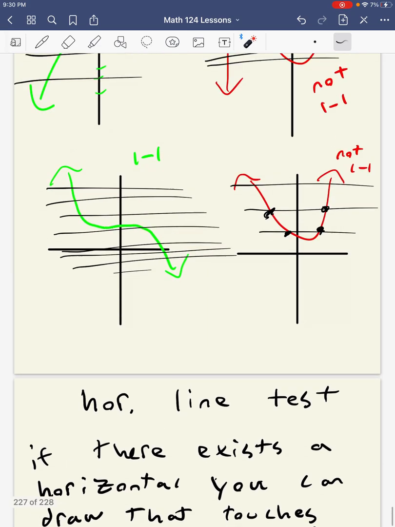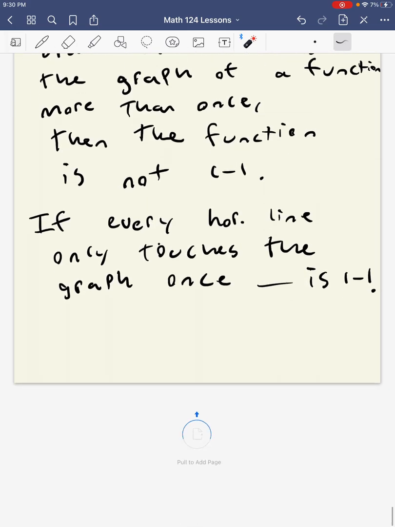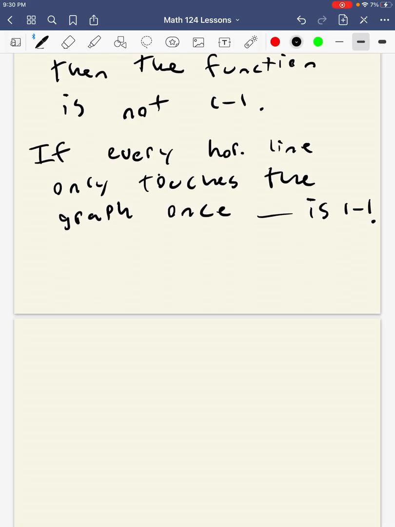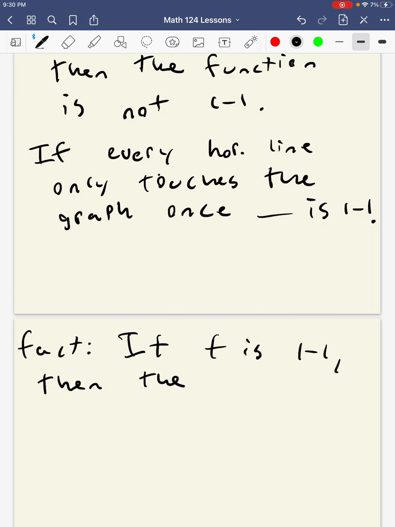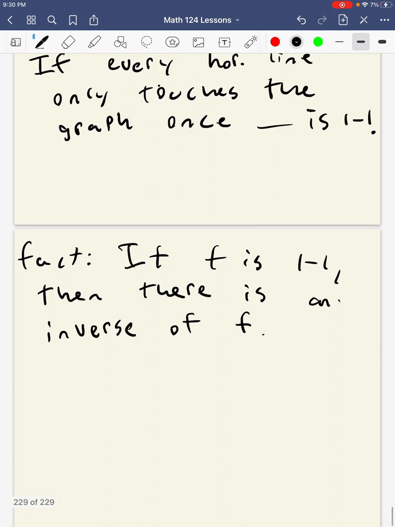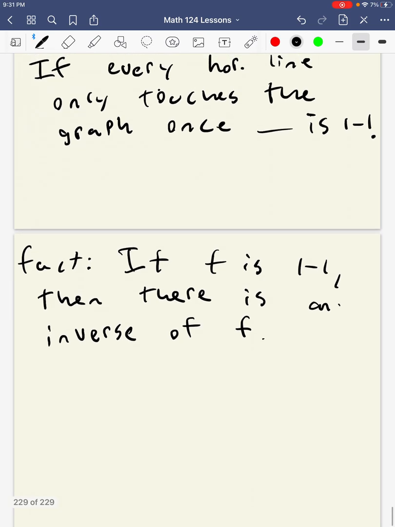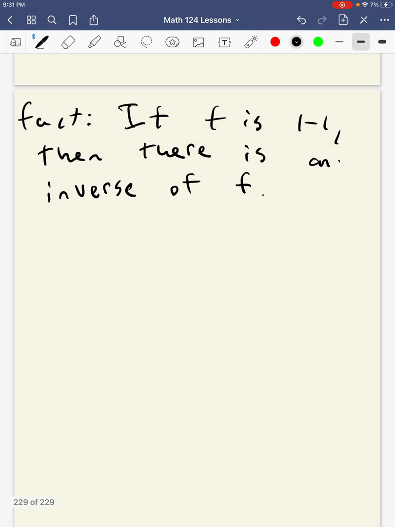Okay. Now the whole reason we brought up 1 to 1 functions is the following. So we have the following fact. If f is a 1 to 1 function, then there is an inverse of f. So if f is 1 to 1, then it guarantees we can find an inverse of f.